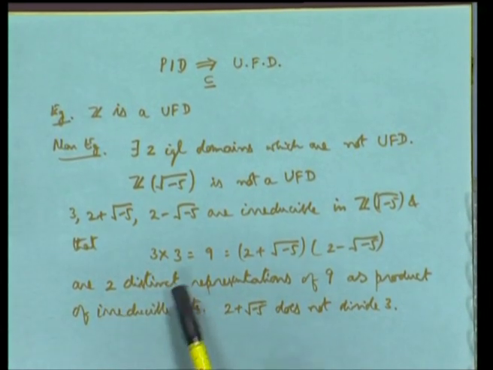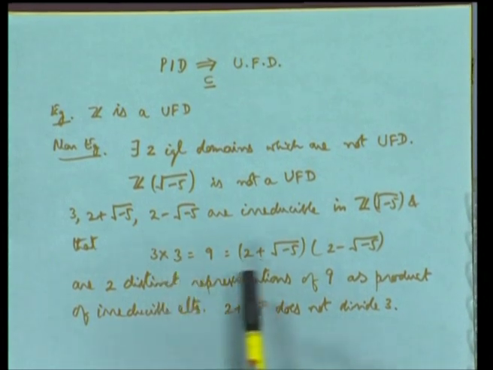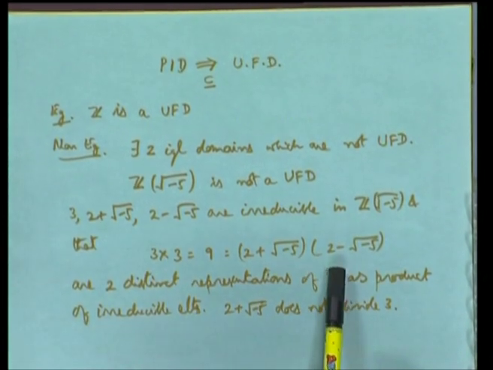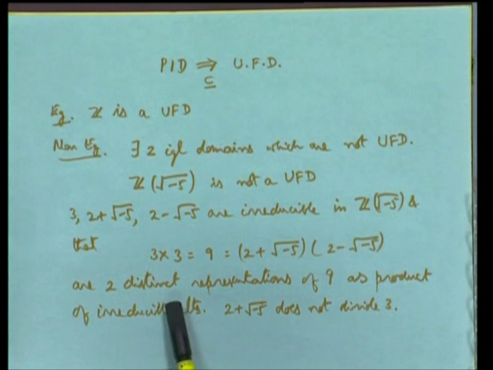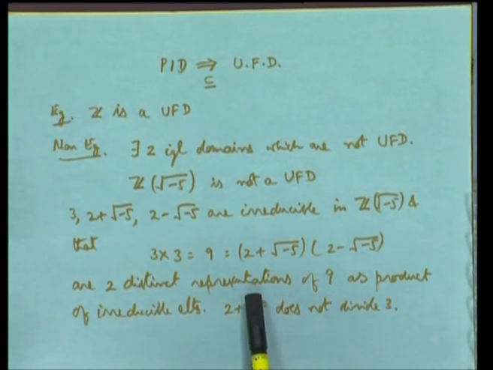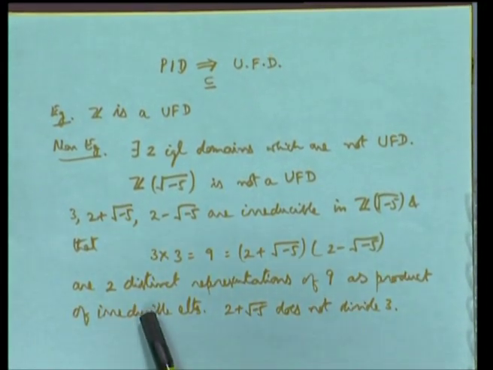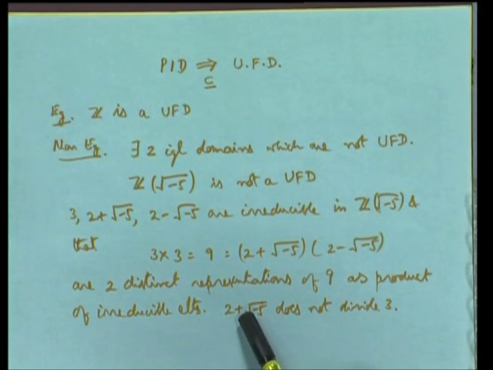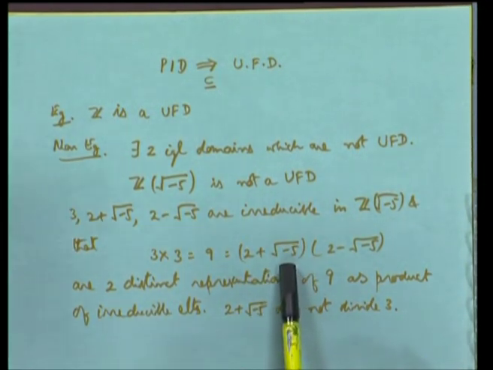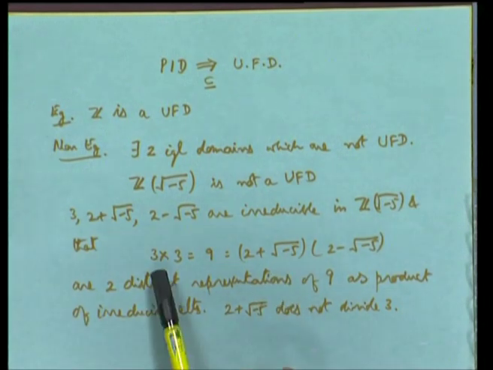And these two, 3 into 3 and (2 plus √-5) into (2 minus √-5), are distinct representations of 9 as product of irreducible elements. And we can say that this irreducible element 2 plus √-5 cannot divide 3.